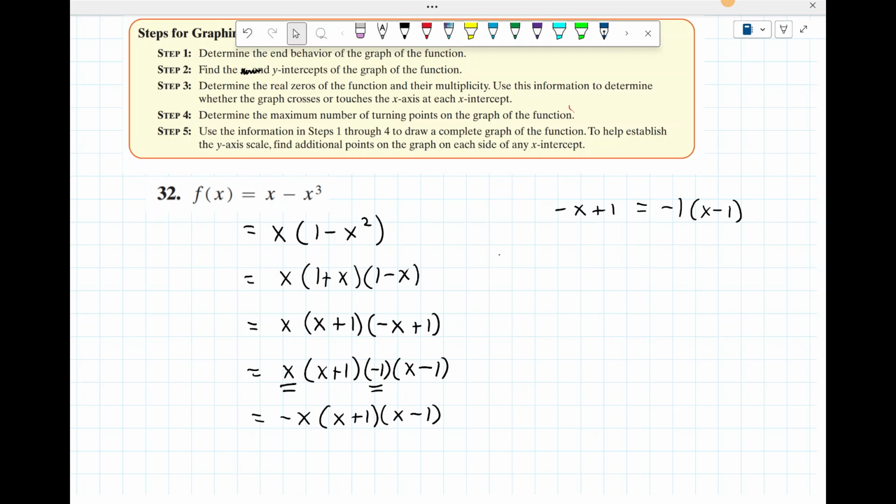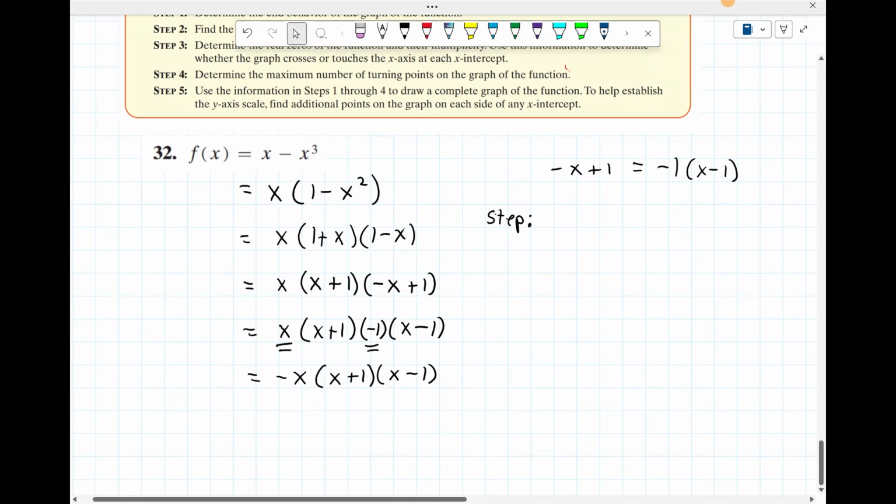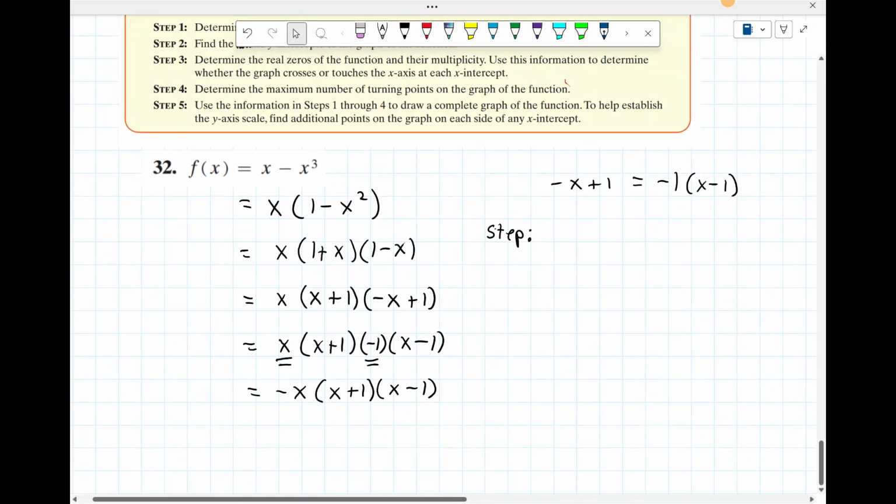Okay. So let's start with step 1. Now step 1, we want to find the end behavior. And normally for the previous examples, we found what the leading coefficient is, and we had a method that we were using because all the other examples were in factored form. But this is not in factored form. It's in standard form. So my leading term will be the term that has the largest exponent on the variable.